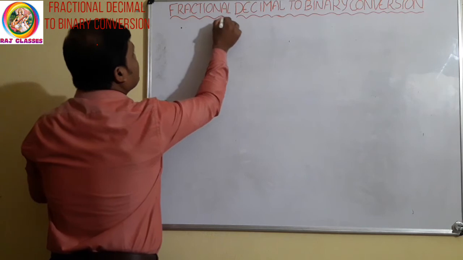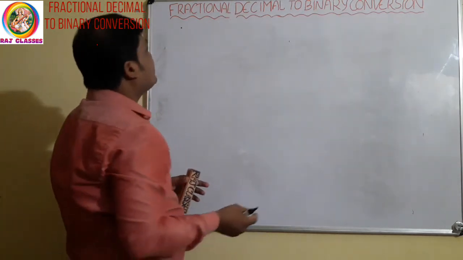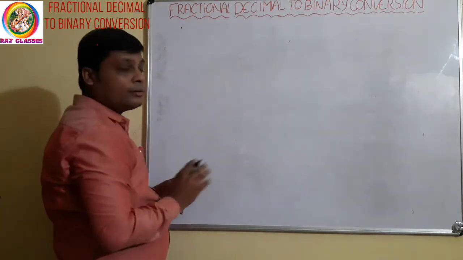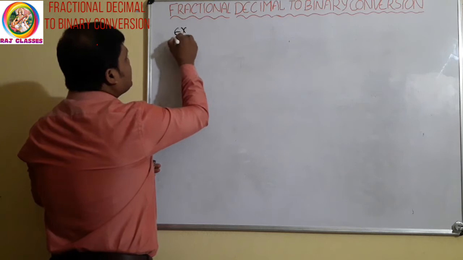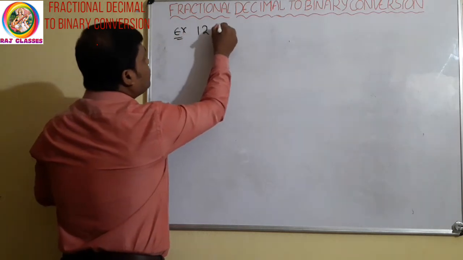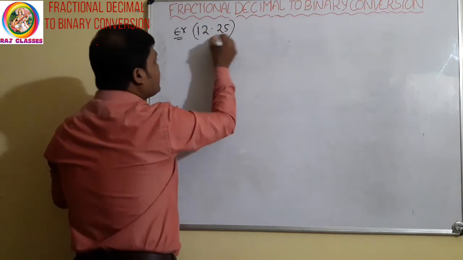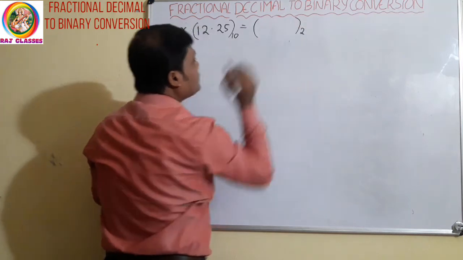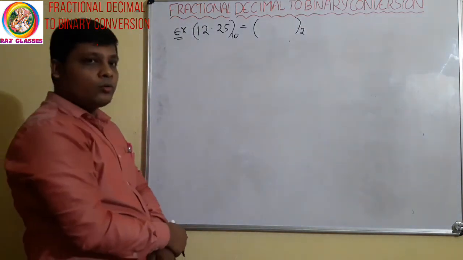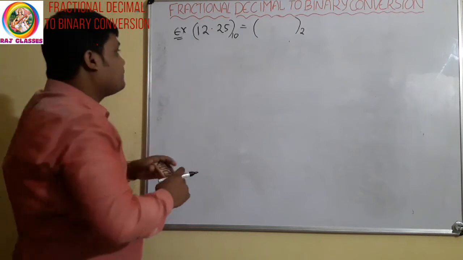Let us take one example, 12.25. This is base 10. Then we have to calculate the binary of 12.25. You can see this is the integral part and this is the fractional part.